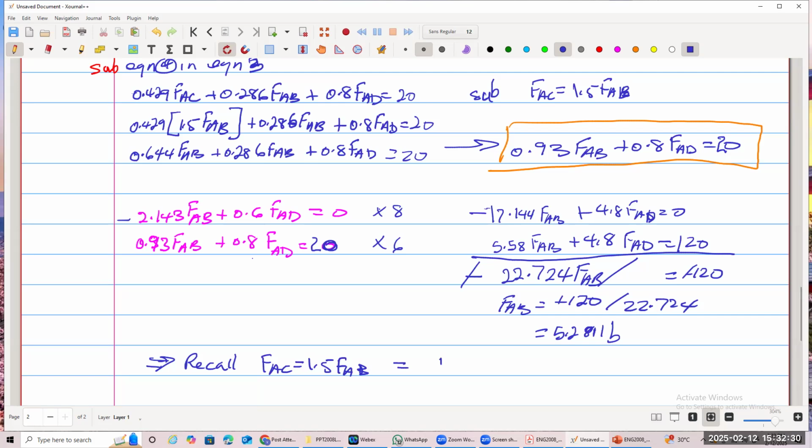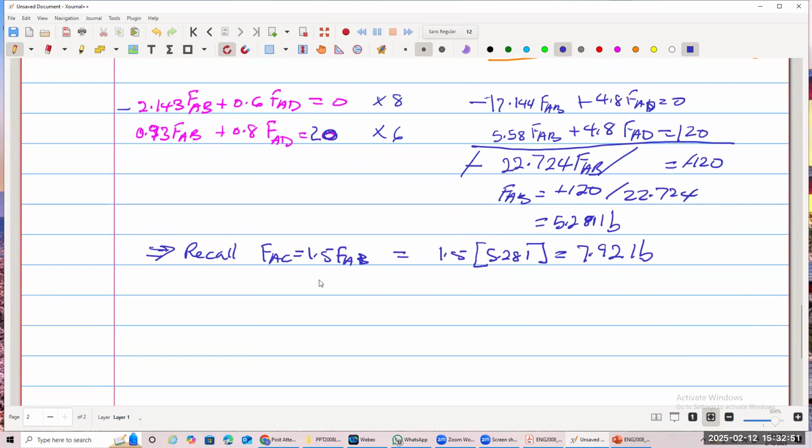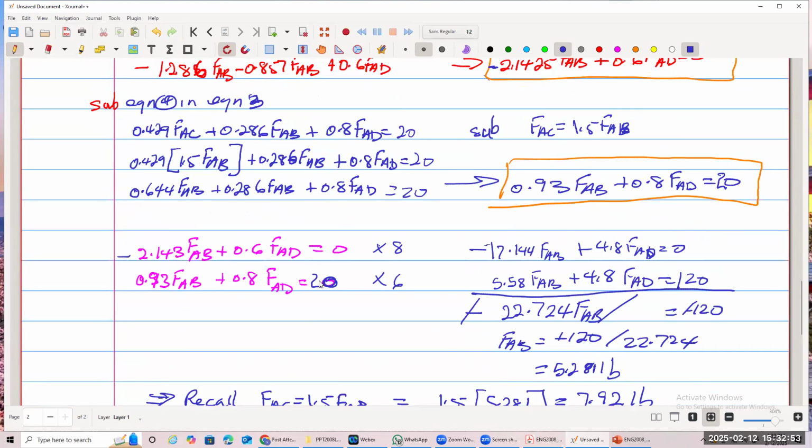So it will be 1.5 times 5.281, and you multiply that by 1.5, and you will get 7.92 pounds.